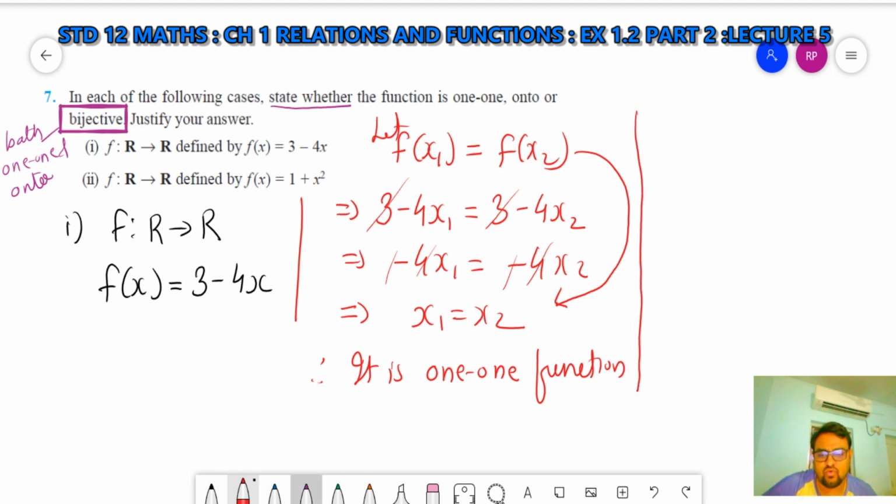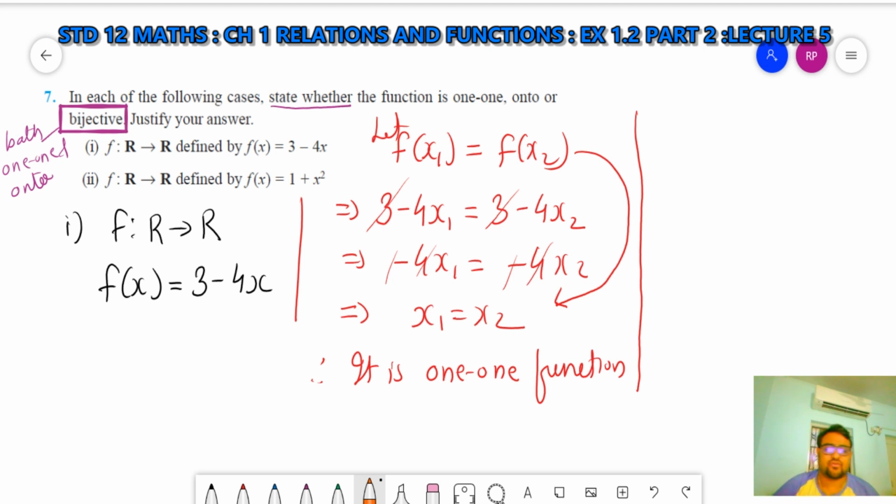Okay, now for onto function. Now see what you have to do for onto function. Whenever there is a square, it is different, but here it's not a square, it's 3 minus 4x. Now obviously, when it is R to R, whatever different values of y you take, you will have one x such that f(x) is equal to y.